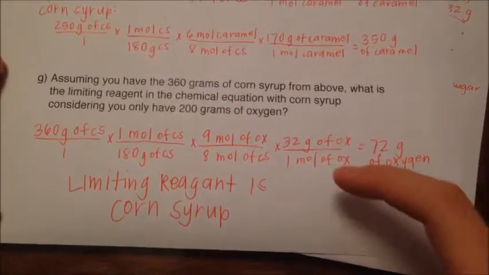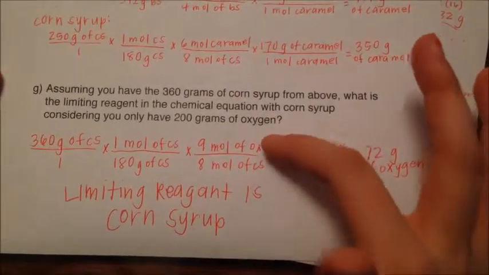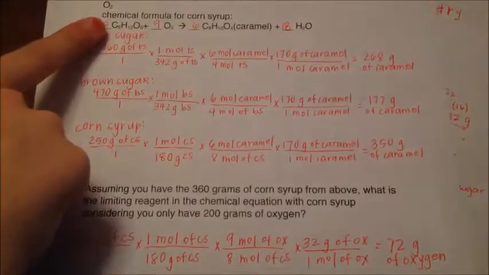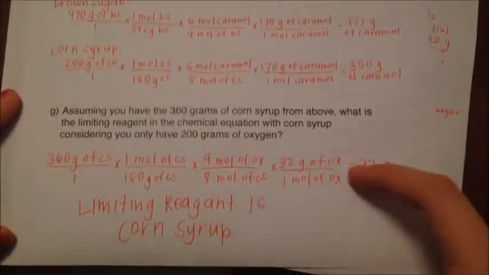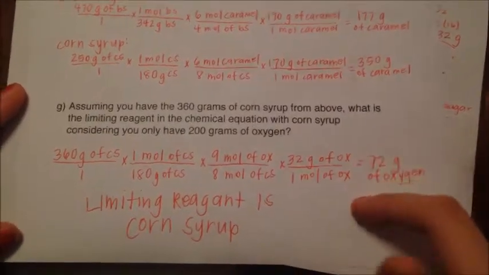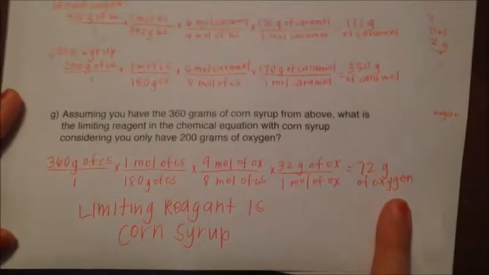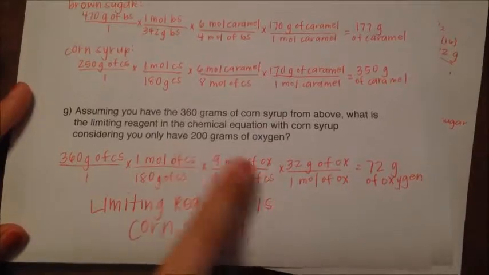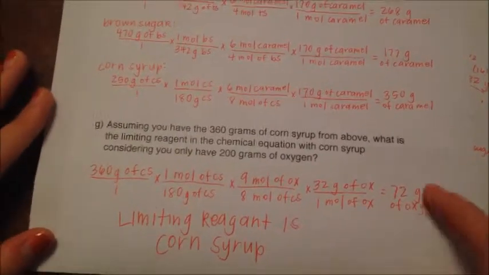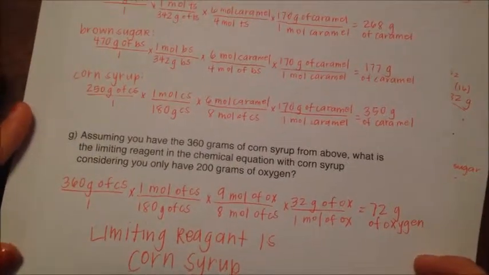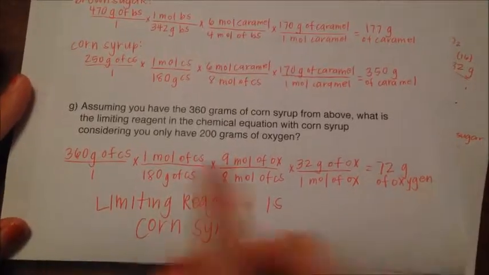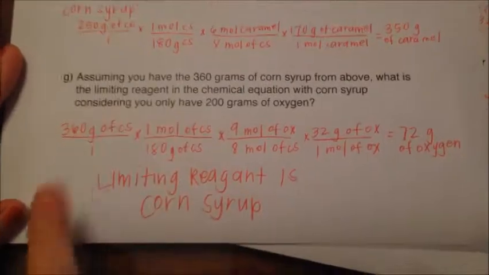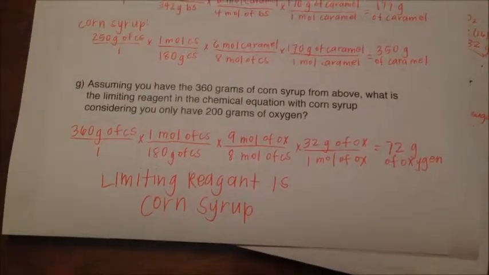And then you multiply by the ratio of corn syrup to oxygen in the equation above, and then you multiply by the molar mass of oxygen. And so you end up getting 72 grams of oxygen because all of the units cancel each other out, and then you're left with grams of oxygen. And so if you only use 72 grams of your 200 grams of oxygen, then the limiting reagent is corn syrup because you used it all.